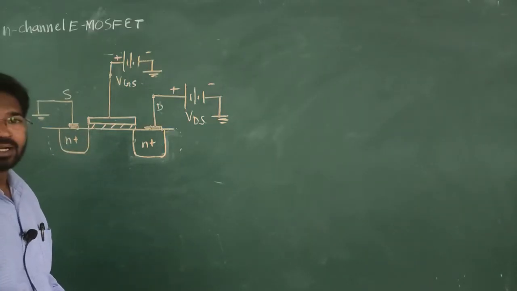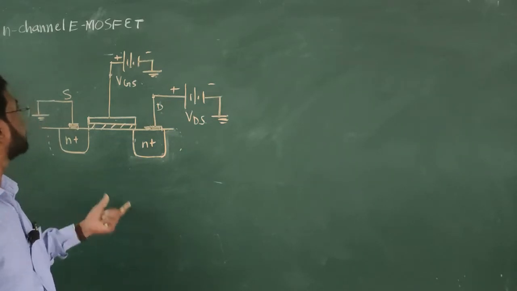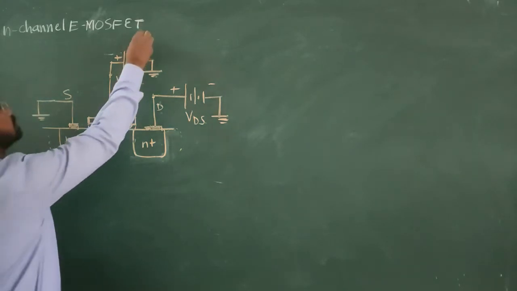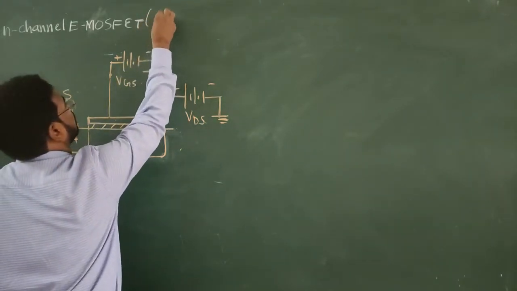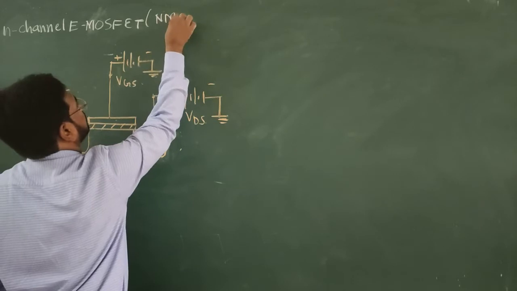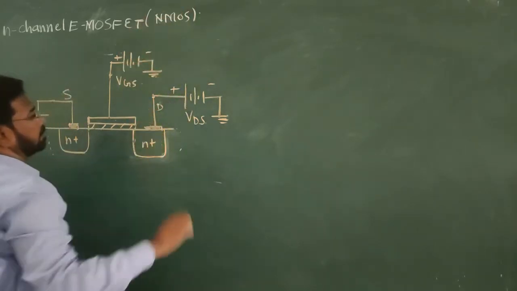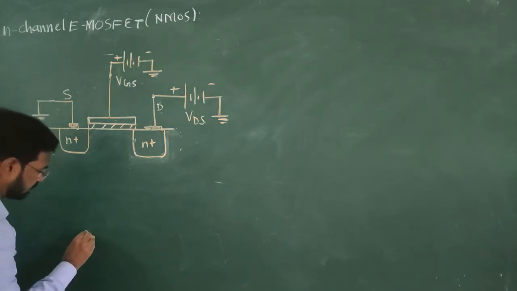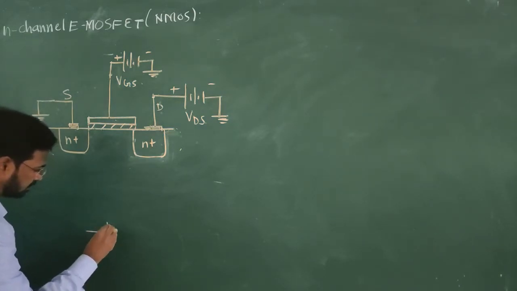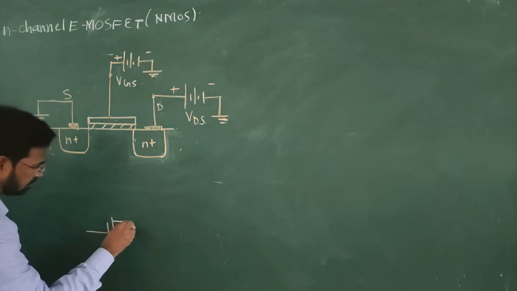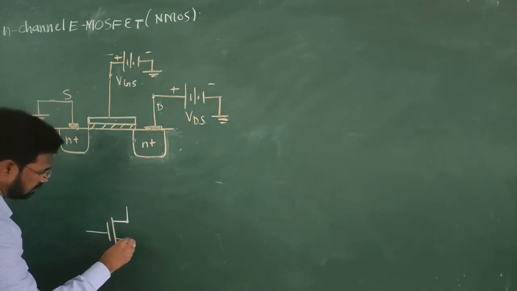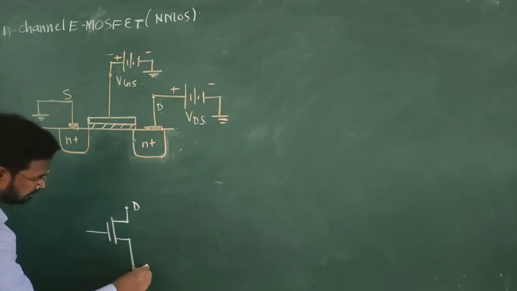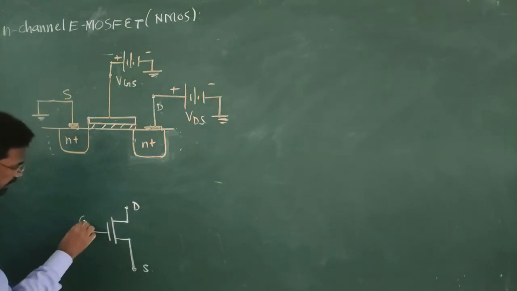We are going to understand the working of the N channel MOSFET, or this device simply it is called NMOS, and the symbol of the NMOS is this one. Drain, source and gate.